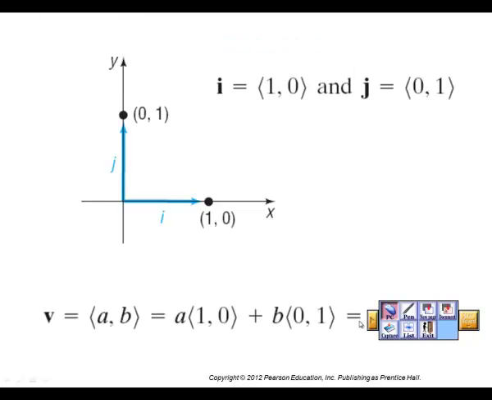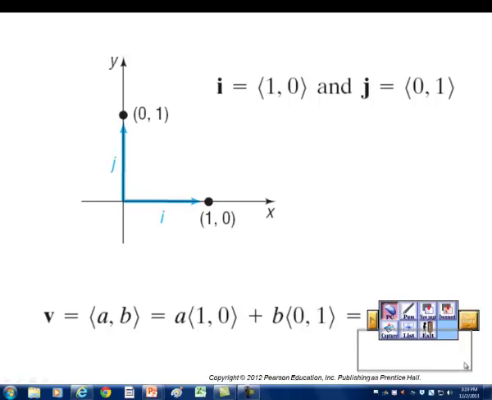Okay, so we have our component form, but we also want to look at it in terms of i and j. i would be the same as your horizontal displacement, the same as your x values. j would go along your y axis, or your vertical displacement.